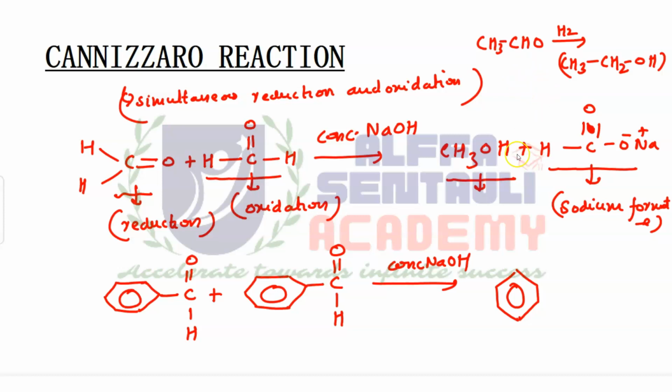We have also understood oxidation reactions, in which from aldehydes we get carboxylic acid. Since you have already studied oxidation and reduction reactions, now this is a combination of both, the Cannizzaro reaction.